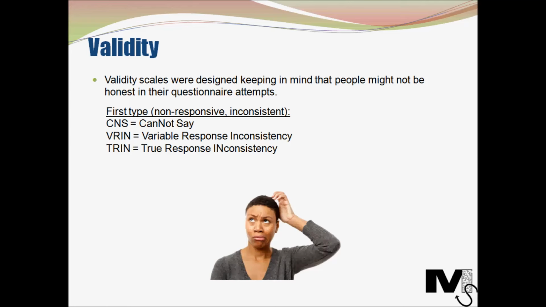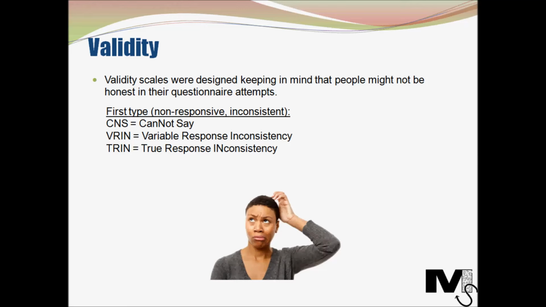In the first type of validity scale, there are 3 types of scales which try to identify if people are being non-responsive or inconsistent in their responses. The CNS scale, which means cannot say scale, the VRIN scale, which is the variable response inconsistency, and the TRIN scale, which means the true response inconsistency scale.